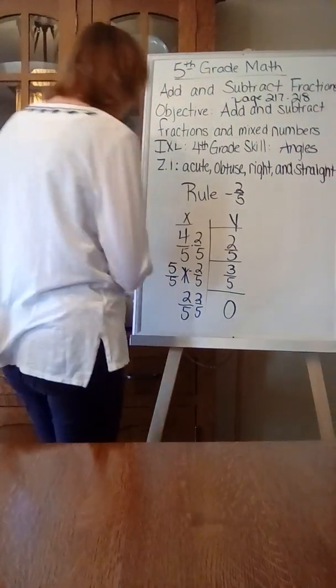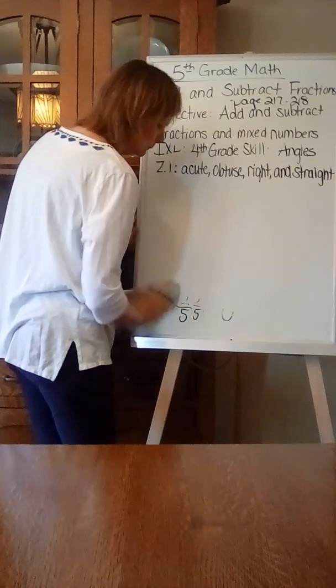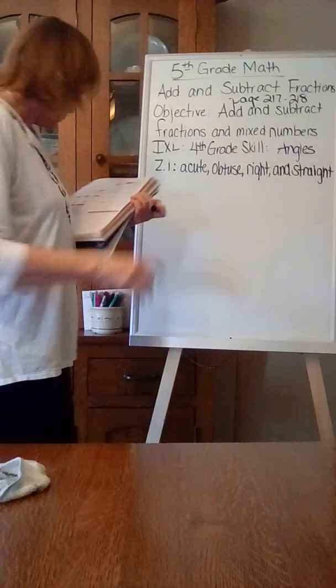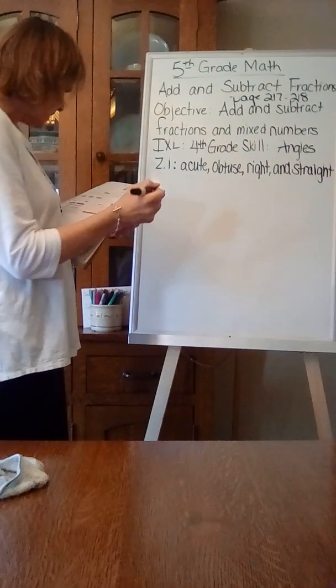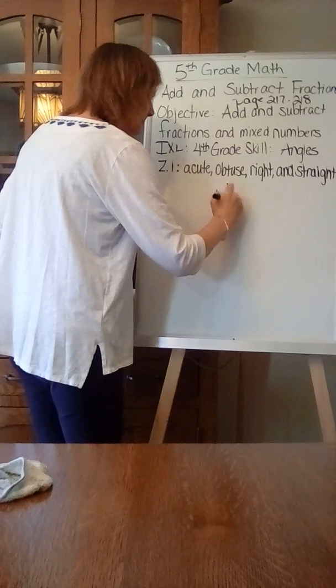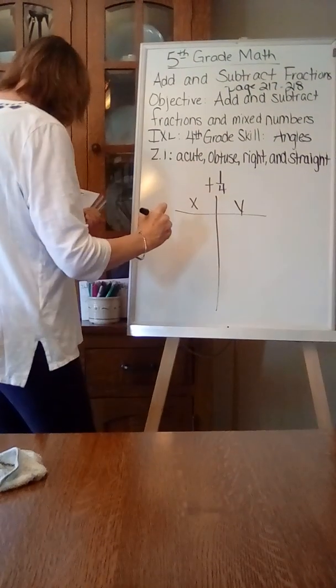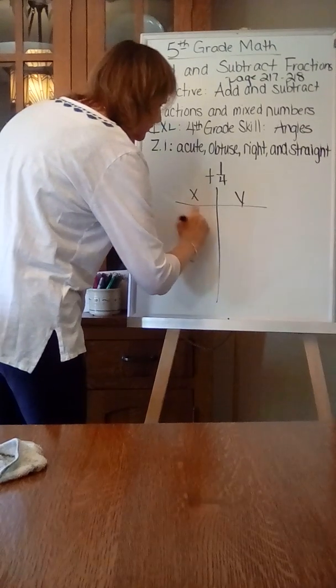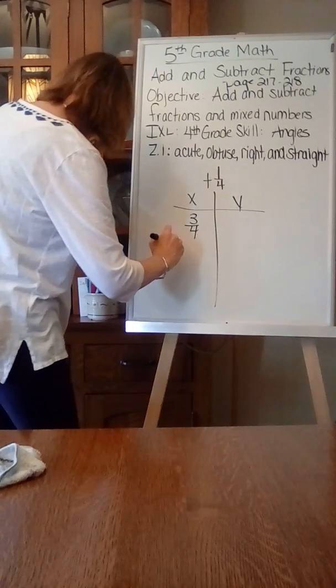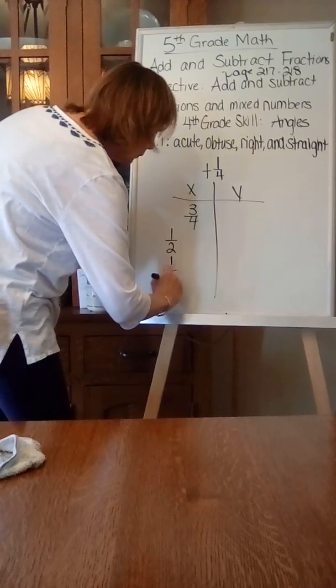All right, one more. The last one is we're adding 1/4 to our X and our Y. And the first one, we've got 3/4. We've got 1/2. I should move those over. And we've got 1/4.